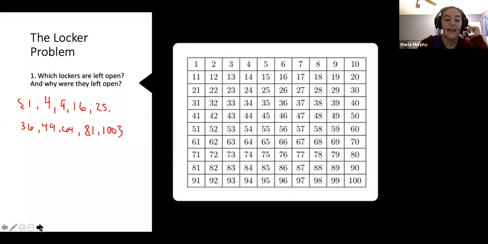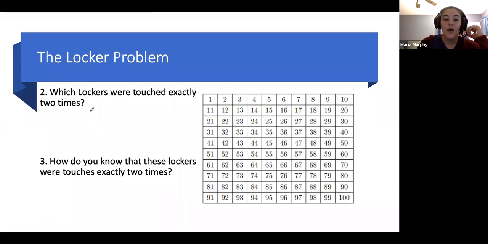Now, since we know that, which lockers were touched exactly 2 times? And how do you know that these lockers were touched 2 times? Let you guys think about answering that question. Take a minute to decide, and then you can also share your answers with Alex and Connor.